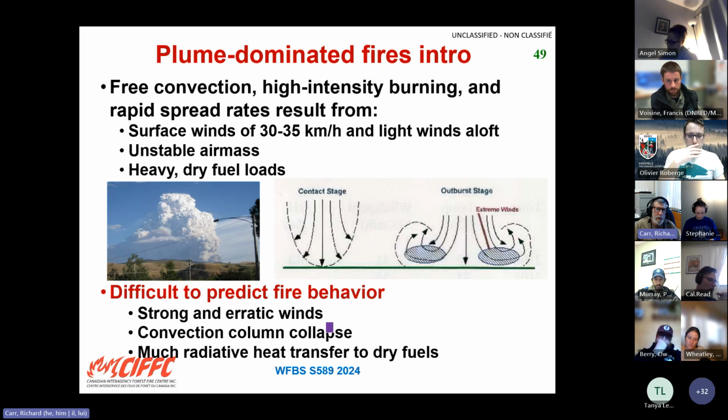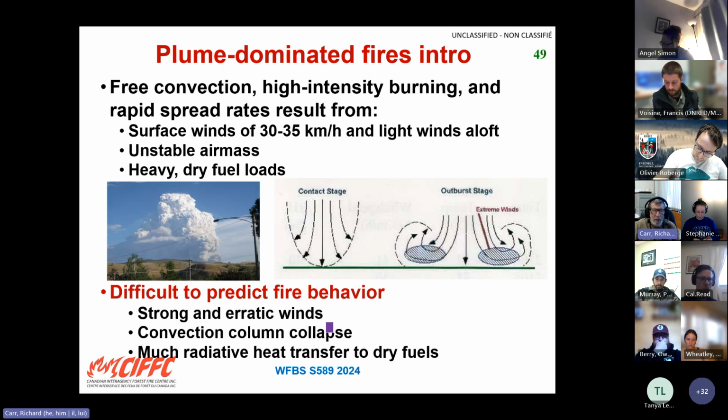Surface winds are usually of moderate strength with lighter winds aloft, and you can see this column pretty much going straight up there. Unstable air mass for sure. You need a good unstable air mass to get these things to develop. And of course, if you've got a heavy dry fuel load, you're getting much more heating just due to fuel consumption going into these things.